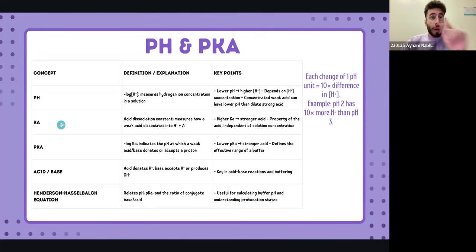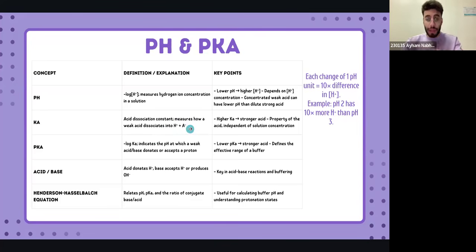That's pH. The second concept is the Ka. What is Ka? It is basically the acid dissociation constant. So it's a constant value of each acid. It measures how a weak acid dissociates into a hydrogen and its conjugate base.